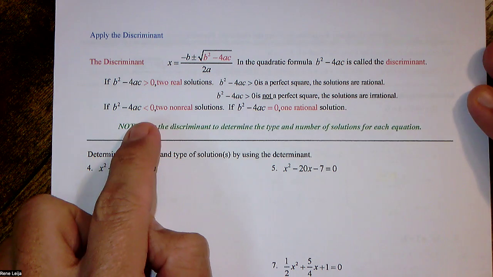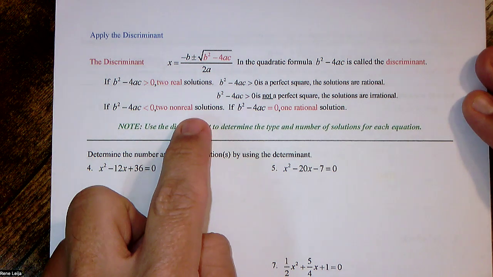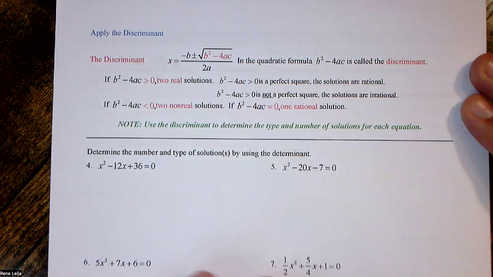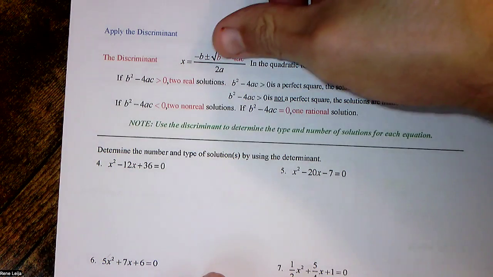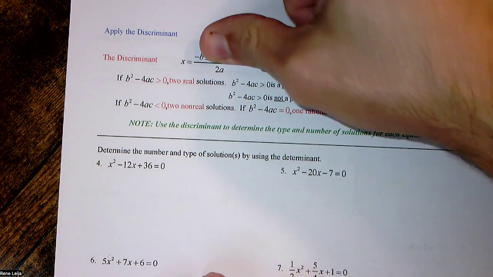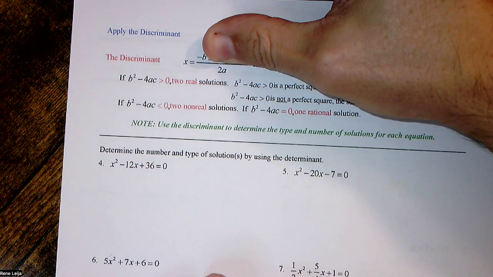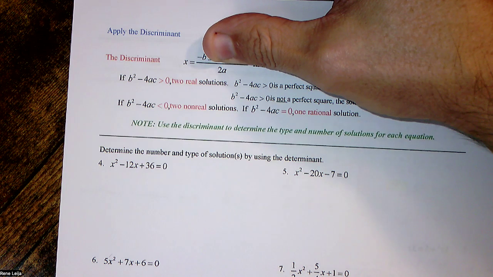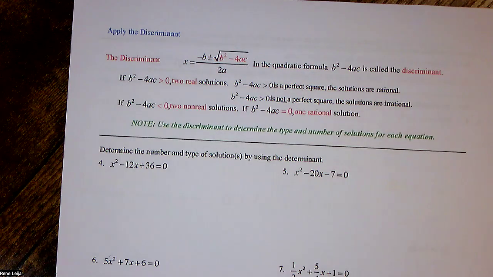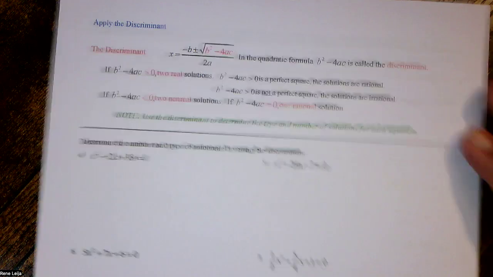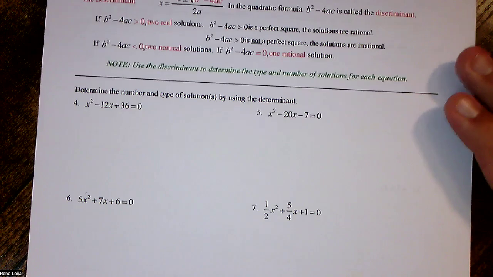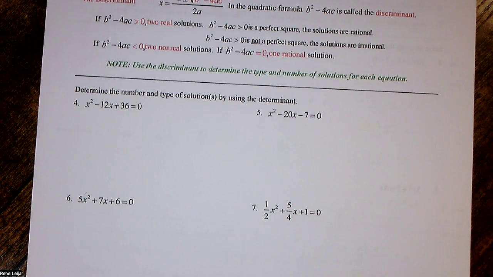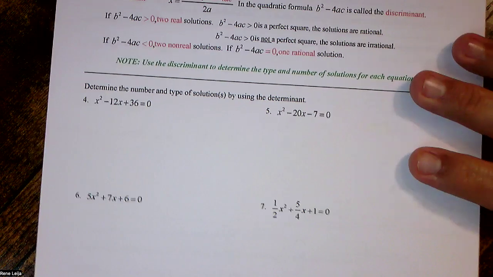So that means you're going to have an i. So they're 2 non-real. And if this equals 0, well, look, if it equals 0, then all of this is gone. And so you just have minus b over 2a, which is only one answer, and it would be one rational solution. Okay, so what they want you to do here is to find the discriminant.